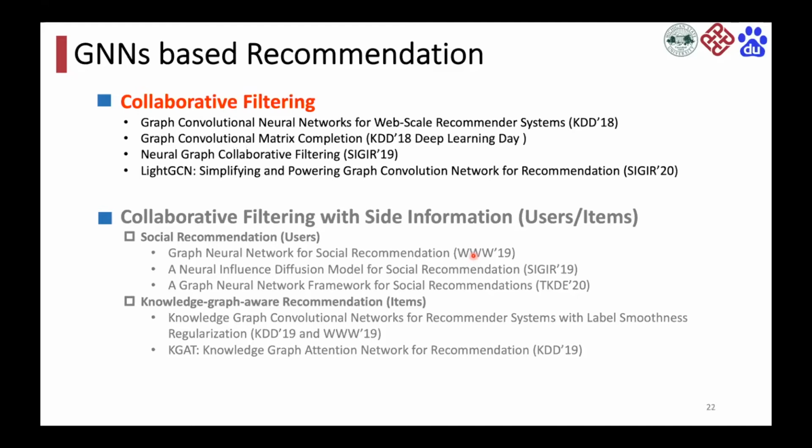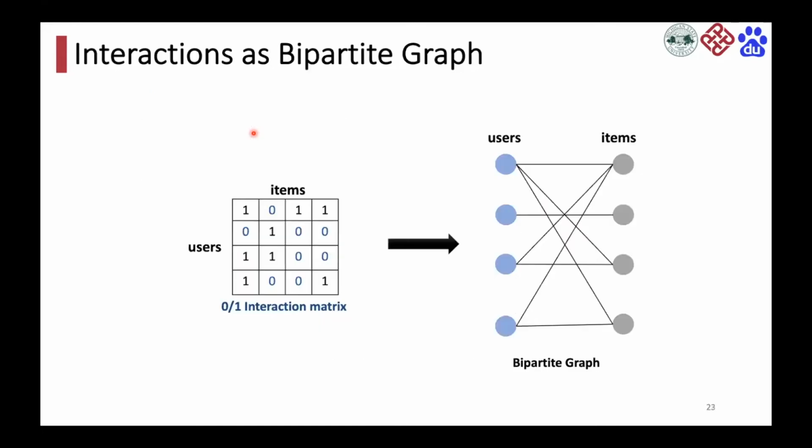Okay, let's first go to the GNN-based collaborative filtering methods. Given the user-item interaction matrix with ones and zeros, we can easily induce a bipartite graph with user nodes and item nodes. There are also other scenarios with other types of interactions, such as a weighted interaction matrix, denoting the rating score given by the users to the target items.